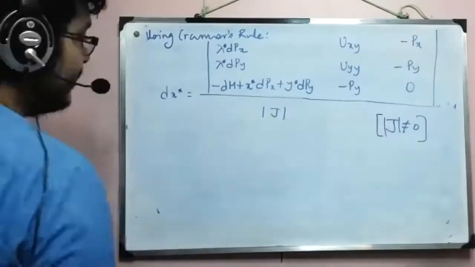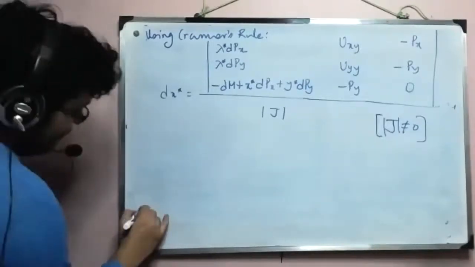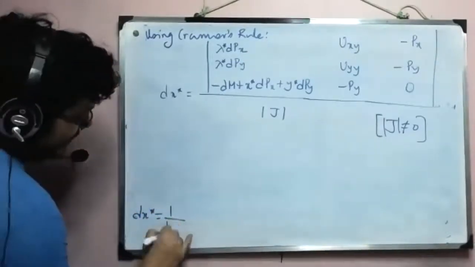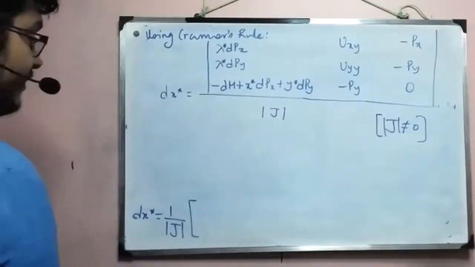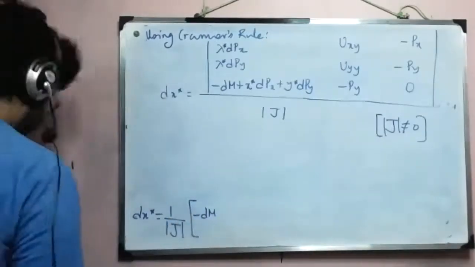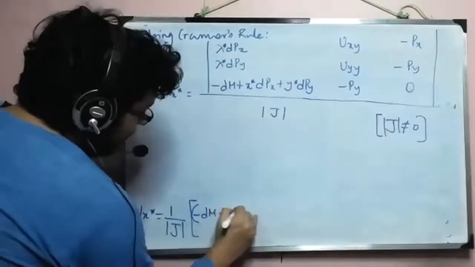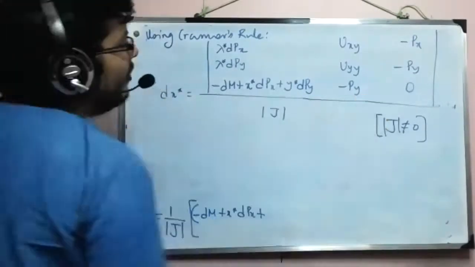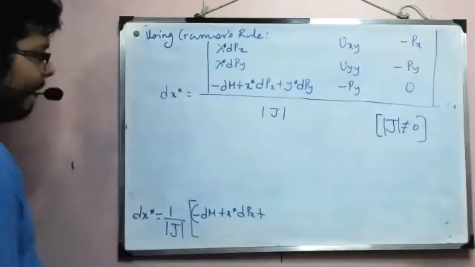So let's just look at the structure of the dx star, which will be quite huge. So let's just write it like this. So our Jacobian here, and then we have, okay, so we have minus dm plus x star dpx. See, we are taking the third row only because we have a 0 here, so we'll have one less multiplication. Okay.